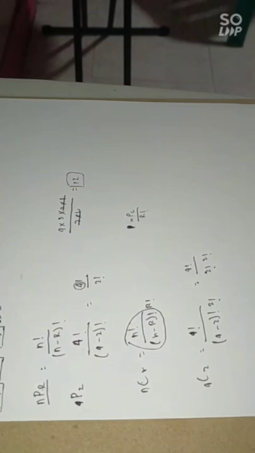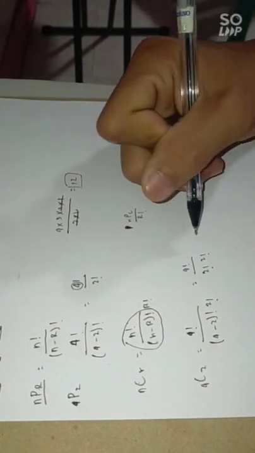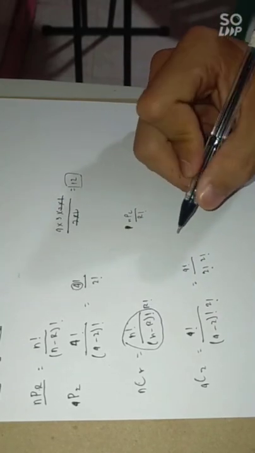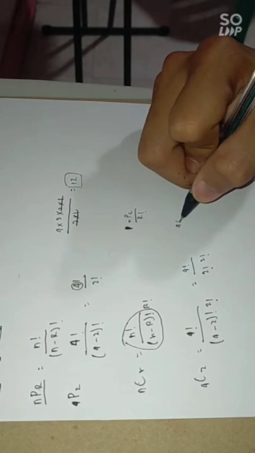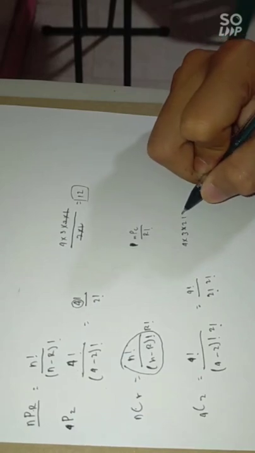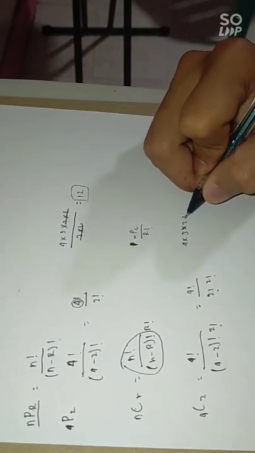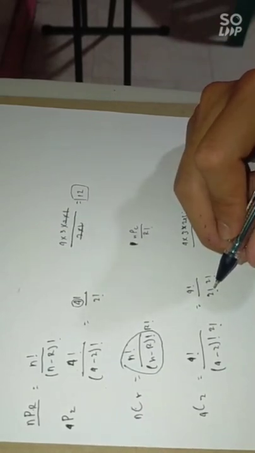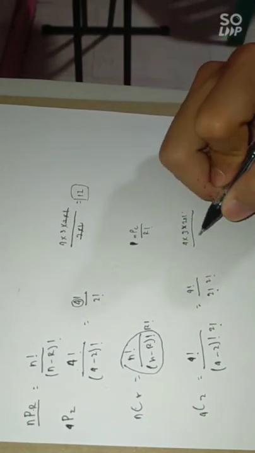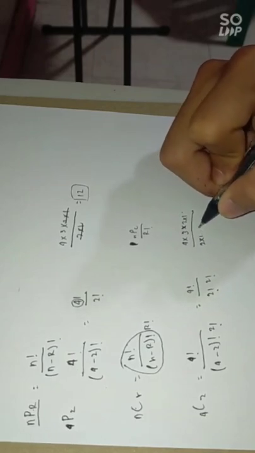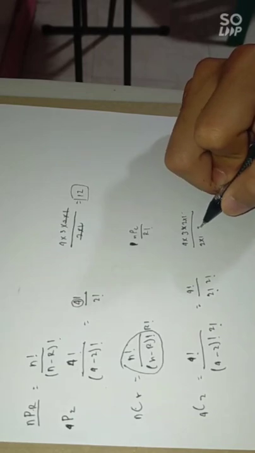Notice that 4 factorial is equivalent to 4 times 3 times 2 times 1, over 2 factorial, which is 2 times 1, and another 2 times 1.